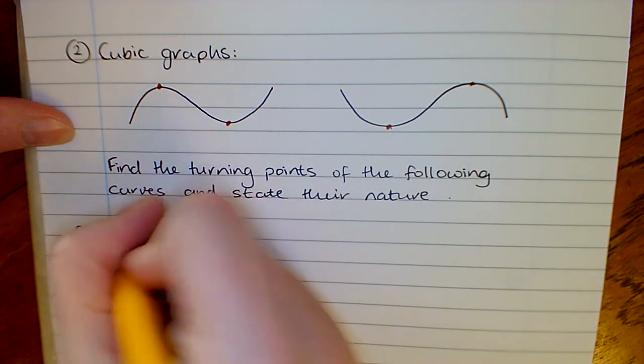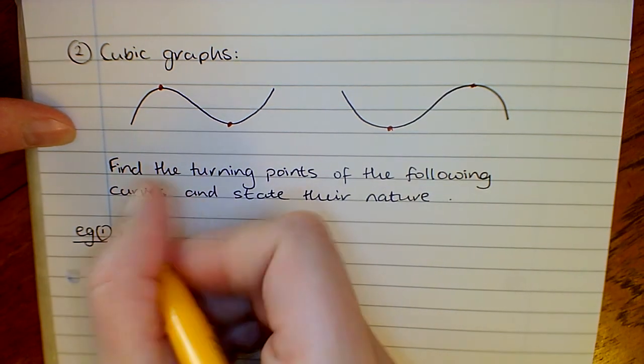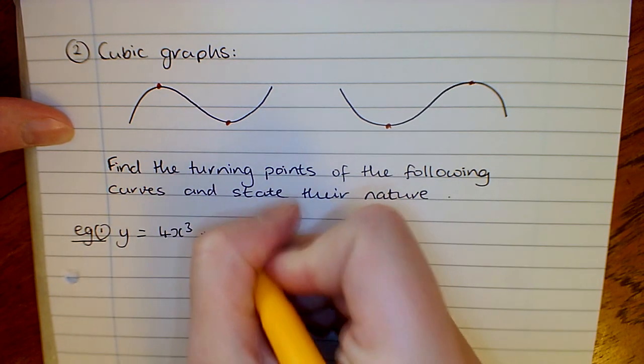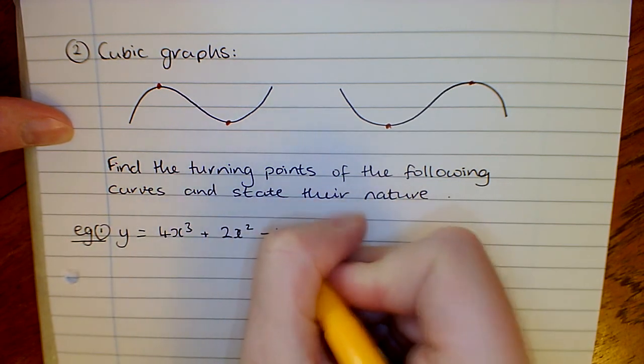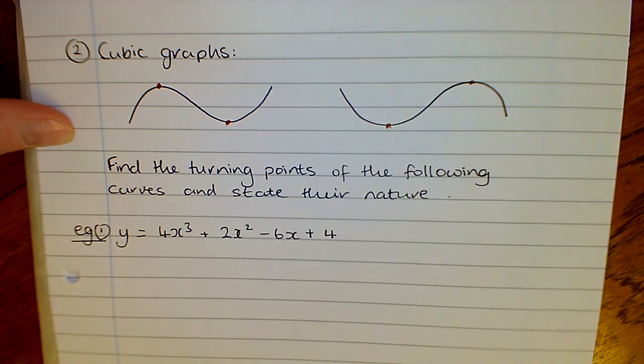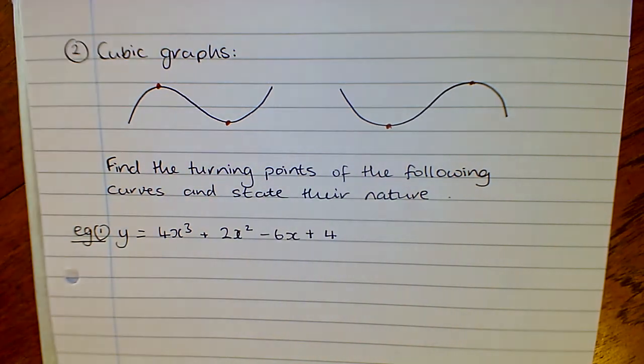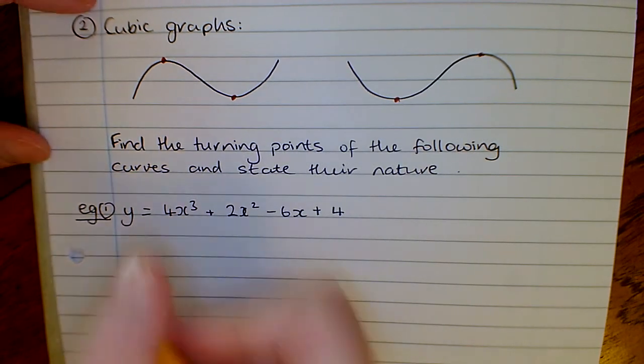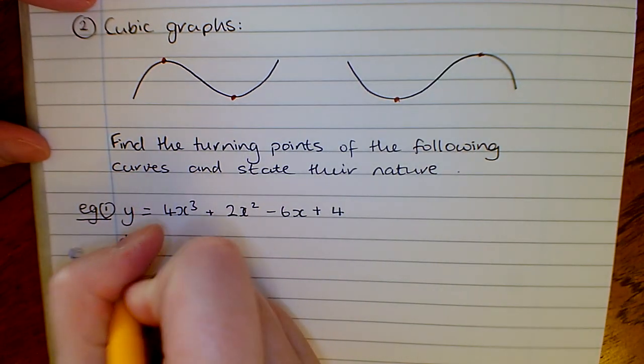y equals 4x cubed plus 2x squared minus 6x plus 4. Now we go about this in exactly the same way as we did with the quadratic. So the first thing we do is we say, right, find dy by dx.